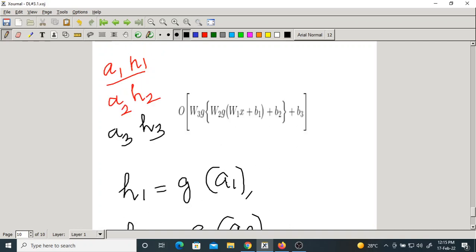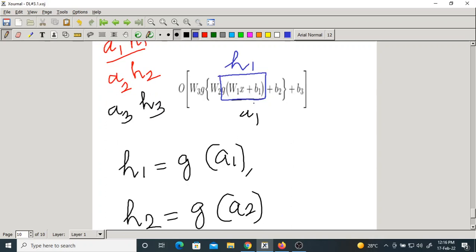Now this is A1. What is that? W1x plus B1. Next we have G of A1. This is H1.